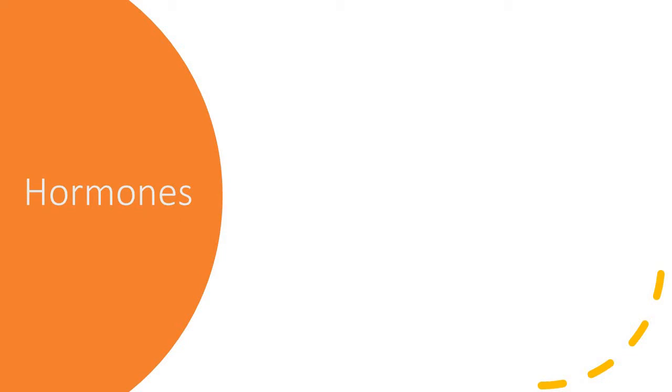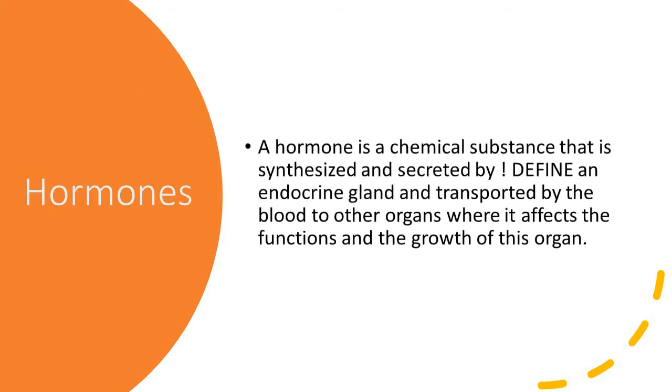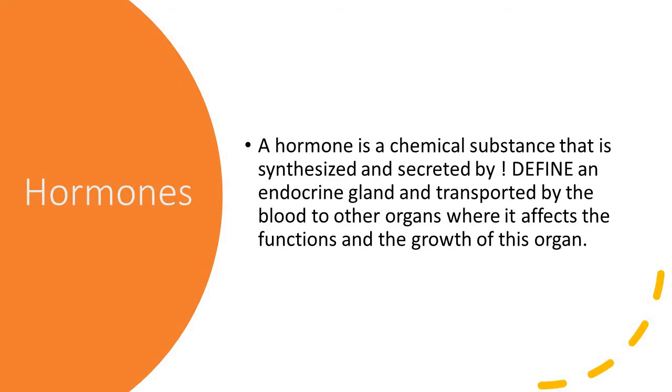Do you know what hormones mean? It's a chemical substance synthesized and secreted by glands, maybe endocrine glands as we talked about before, or maybe by other glands as we will talk about now.